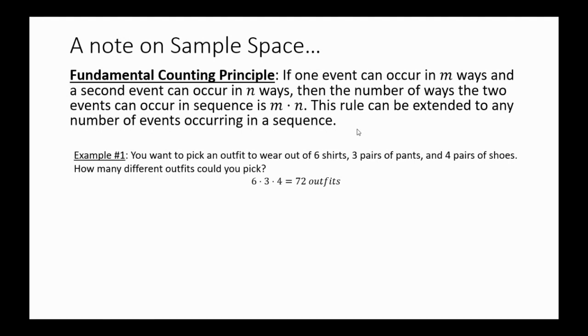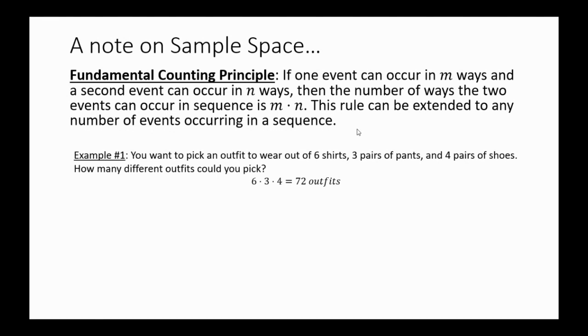This first example I put on here says you want to pick an outfit to wear out of 6 shirts, 3 pairs of pants, and 4 pairs of shoes. You don't care that they match. You're going to wear blue, purple, and yellow, and you don't care.